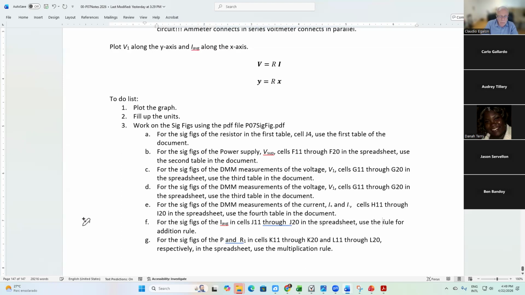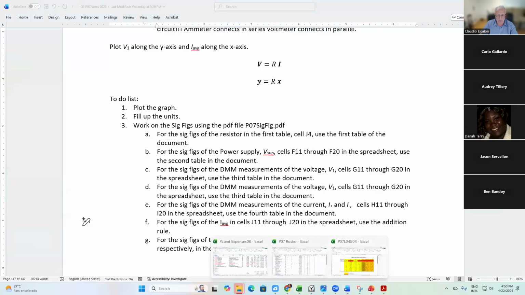Use the addition rule. Okay? Now you have everything that you need to display the measurements and the results with the proper number of sig figs.